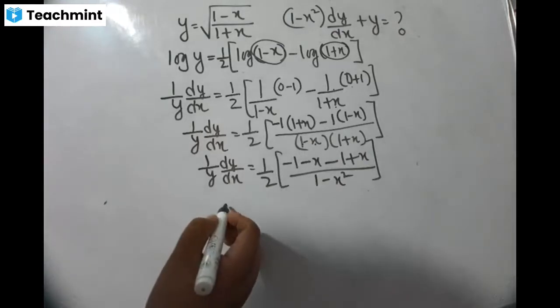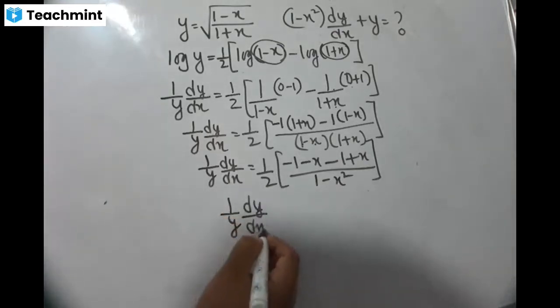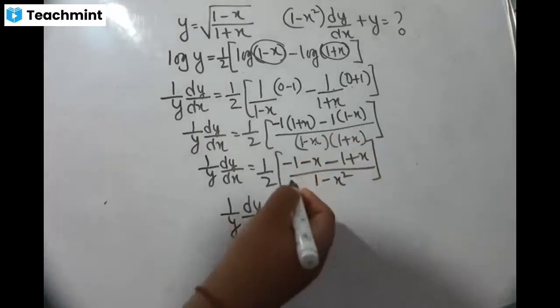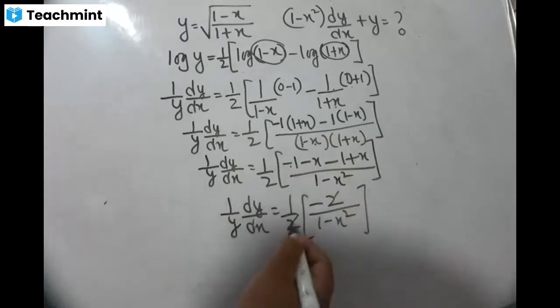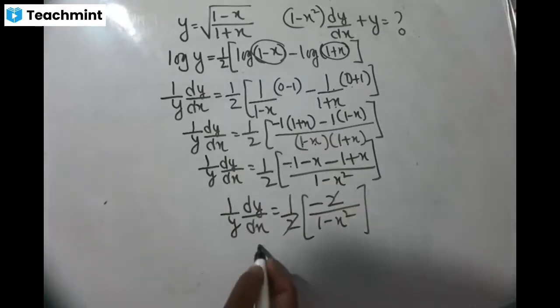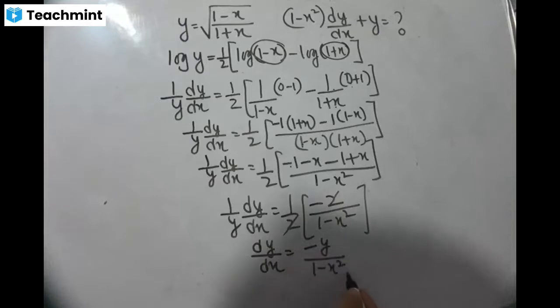You are left with 1 by y dy by dx is equal to 1 by 2, minus 1 minus 1 is minus 2, divided by 1 minus x square. So you can see 2 and 2 also get cancelled. What is the value of dy by dx that you are getting? So y goes across. You are left with minus y divided by 1 minus x square.